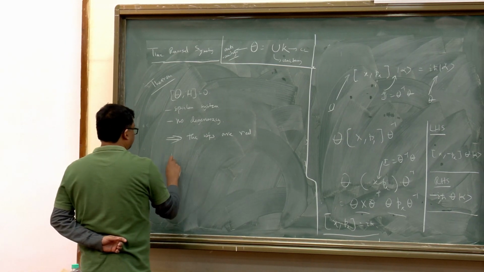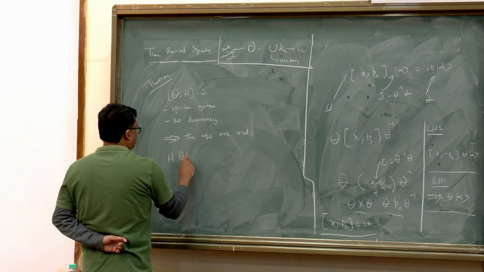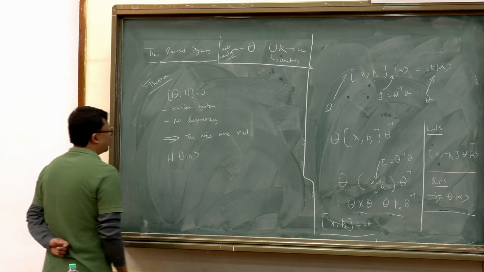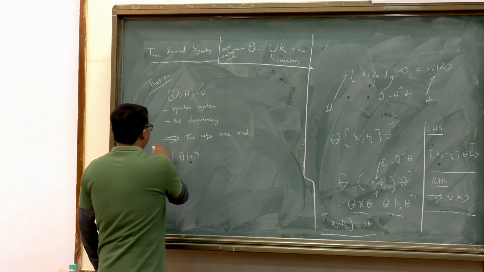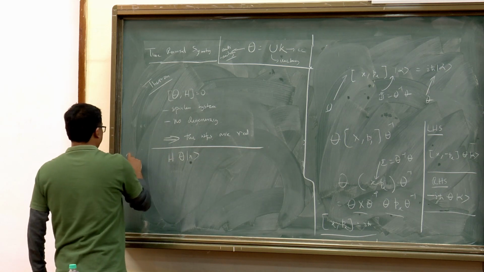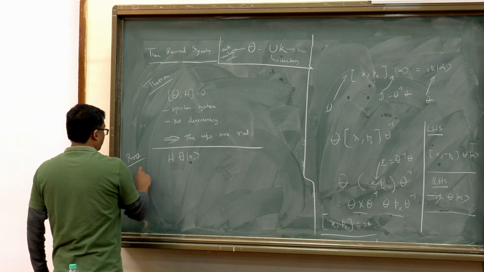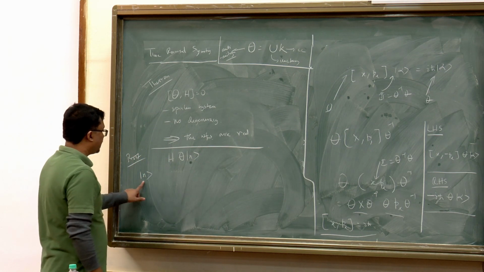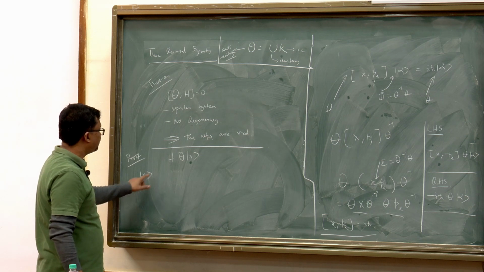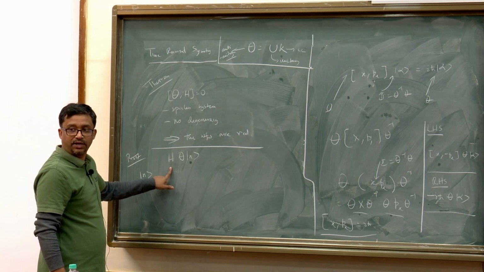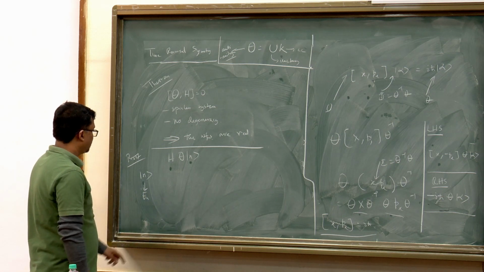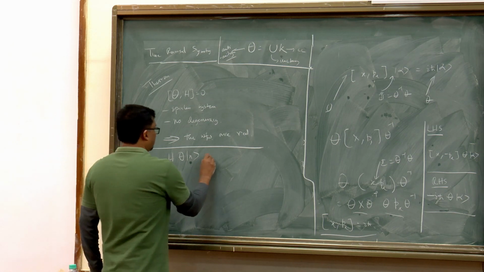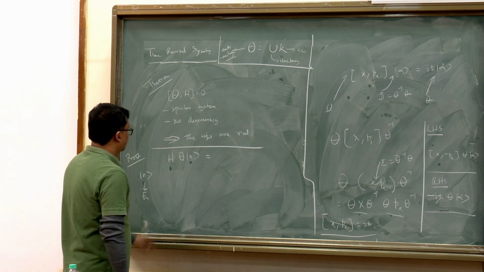So, this is the proof. We start with some ket n, which is an eigen ket of H, the Hamiltonian, and it has the energy E n.